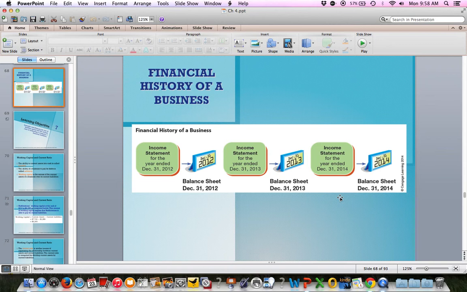And the balance sheet is for a point in time, typically the last day of the fiscal year. So an income statement covers the whole year, while the balance sheet is a snapshot of how we did at the end of the year. And you can see that's what they're showing us here for 3 years. Also, publicly traded companies are required to issue 3 years' worth of data at any given moment in time. So they always issue the current year and then 2 prior years.